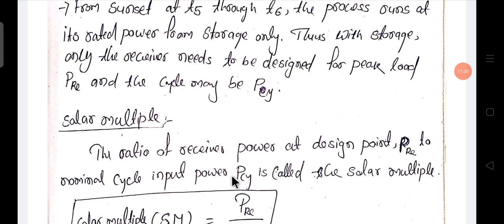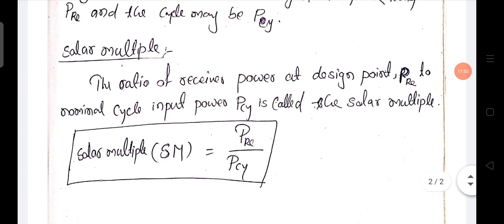Solar multiple is the ratio of received power at a design point, that is PRE, to the nominal cycle input power PCY. Remember this formula: solar multiple SM equals PRE divided by PCY.